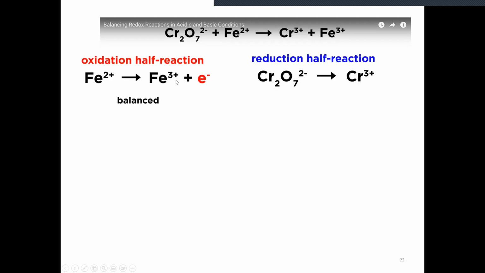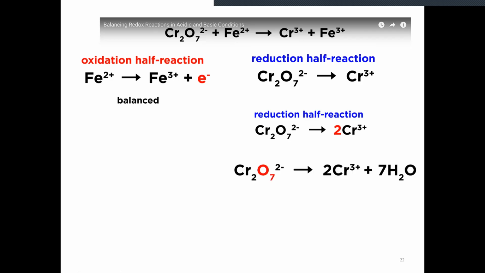Then over here, this is where the reduction takes place. Now, in this particular case, we've got 2 chromiums there. So we have to put a 2 there to balance that. We have 7 oxygens over there.